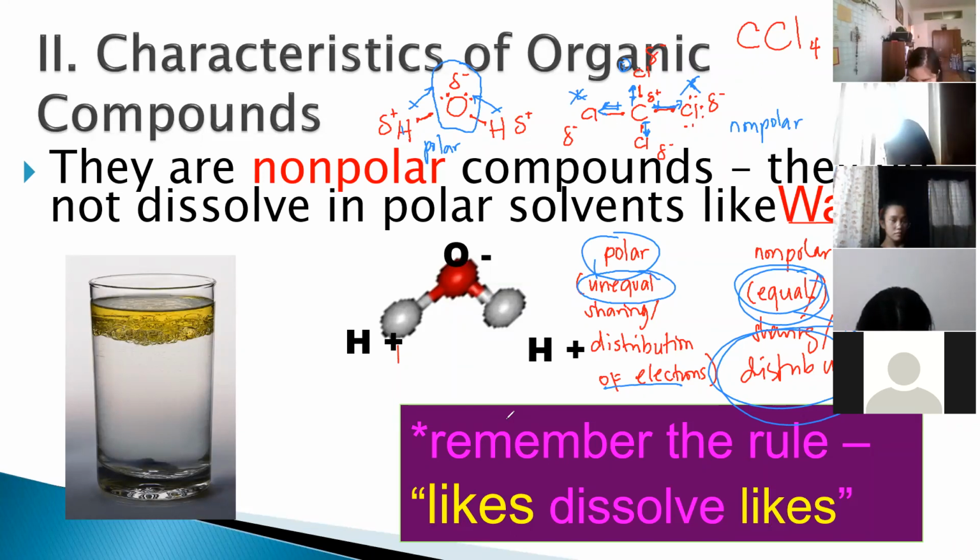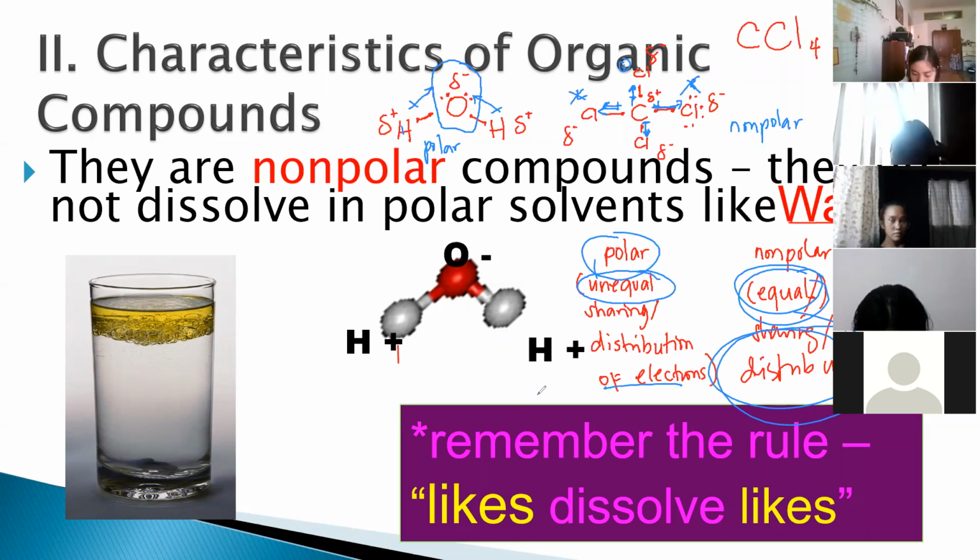Sa inorganic kasi wala tayong problema kasi magta-transfer na lang naman, 'di ba? Magdo-donate. Example, the metal will donate the electrons and the non-metals will accept the electrons. So kung ilan yung dinonate ni metal, yun din yung i-accept ni non-metal. However, that is not true for organic compounds because they don't end up transferring and gaining or losing electrons, but they will end up sharing. But the electrons within the molecules will have dipole moments, and yun yung mag-identify whether they are polar or non-polar.